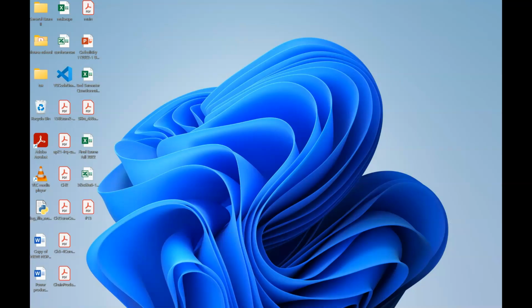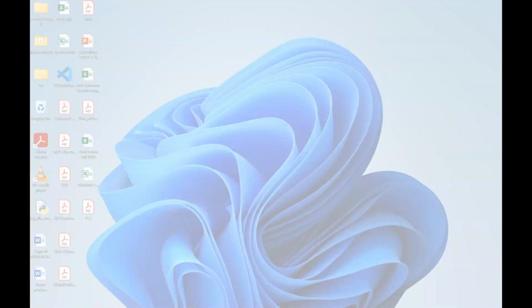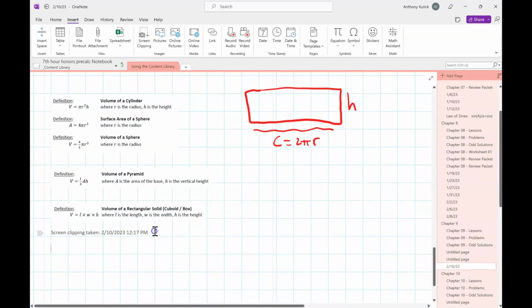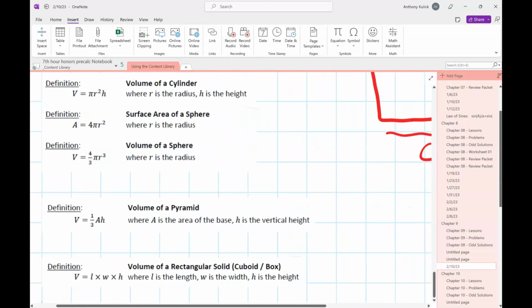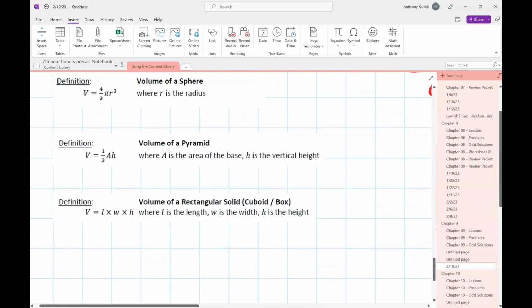What if our volume is for a cuboid, like a rectangular solid, a box? This is good old length times width times height.